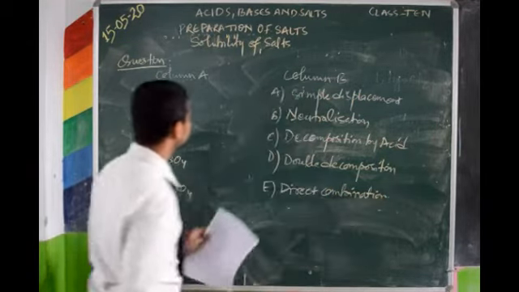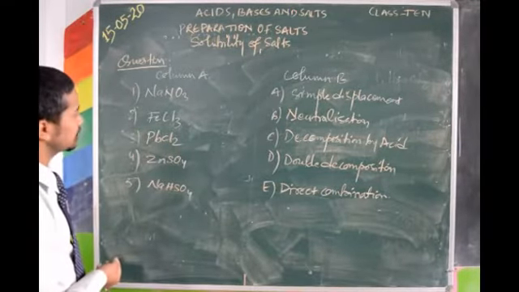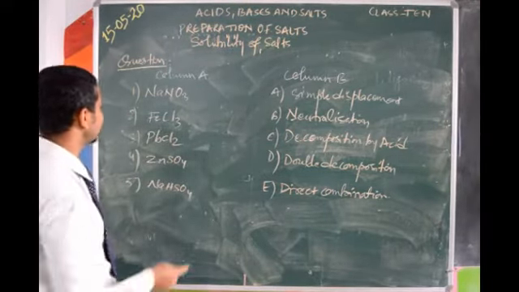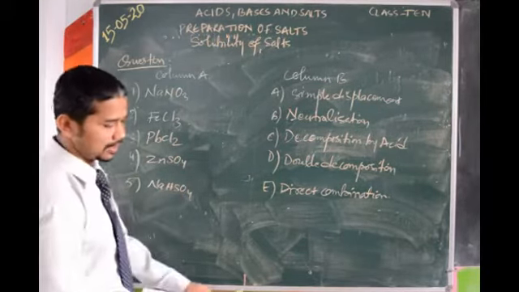Okay. Now, NaNO3, sodium nitrate. How do you think sodium nitrate is formed? Then ferric chloride or iron 3 chloride, lead chloride, zinc sulfate, and sodium hydrogen sulfate.